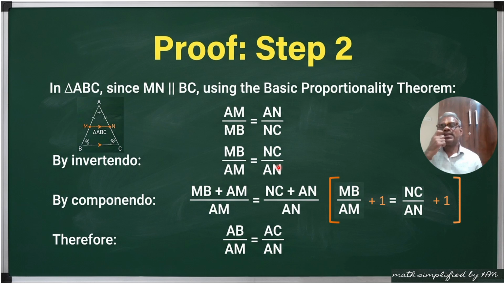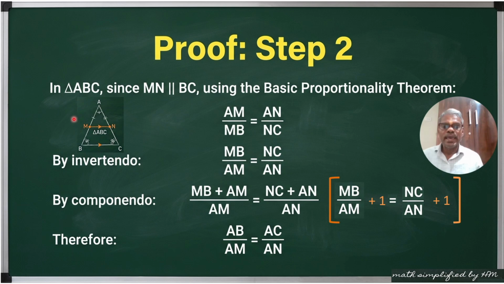Then we add the numerator and denominator using componendo to get MB plus AM upon AM is equal to NC plus AN upon AN. This can also be achieved by adding 1 to both sides and then making the denominators equal. We get MB plus AM upon AM is equal to NC plus AN upon AN.